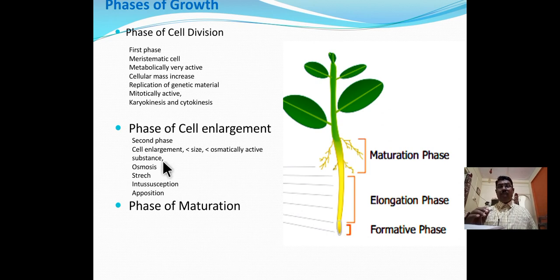A big vacuole develops in the center and presses the cytoplasm toward the side delimited by the cell wall. Due to this pressure, the cell wall gets stretched and new cell wall material is added to the existing material.